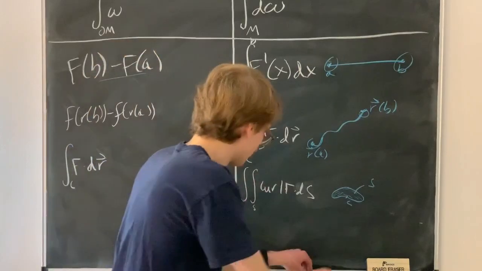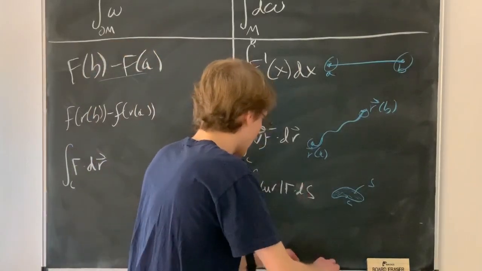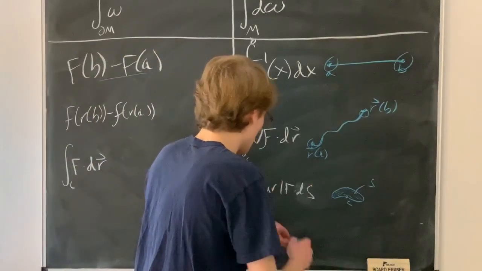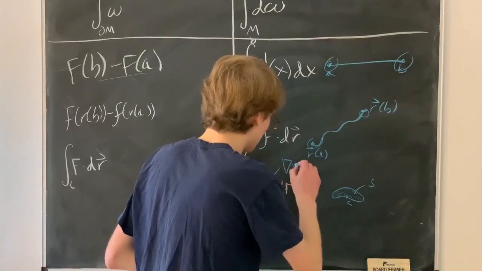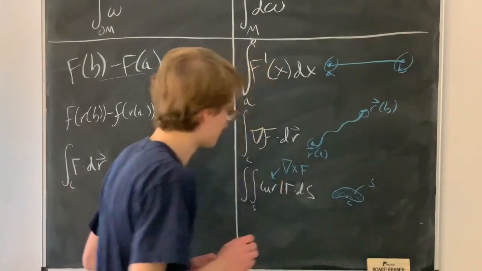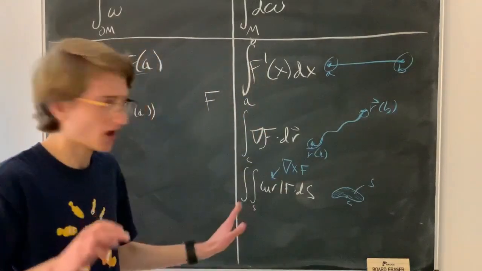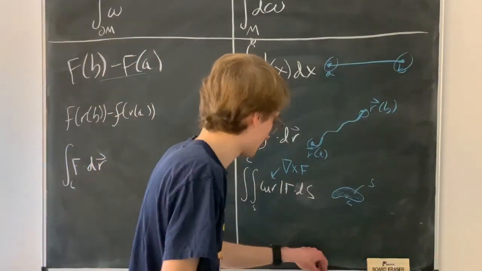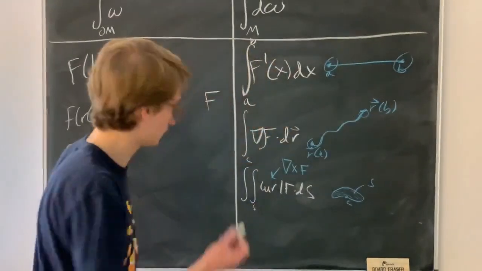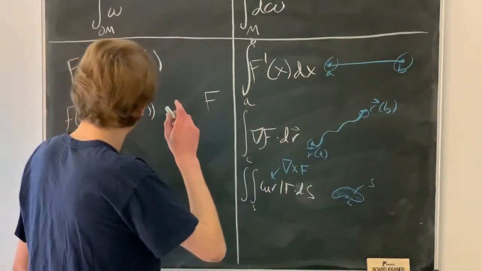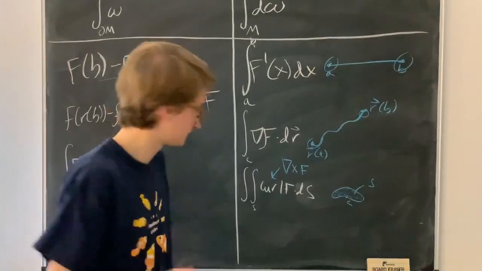And the curl of F is nothing less than the gradient vector cross F. And I'll get into more why this is important. And the final theorem, or rather formula we'll look at, is the divergence theorem.